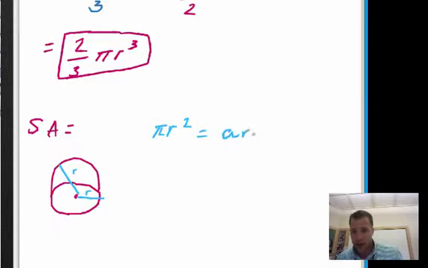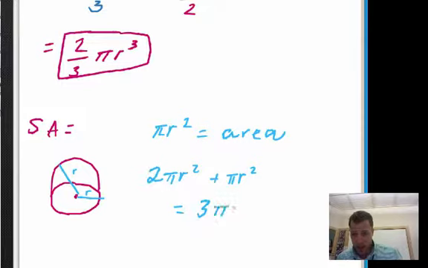But we need the surface area, so we need that plus 2 pi r squared. So you get 2 pi r squared plus pi r squared, which is 3 pi r squared. Now I just want to talk to you about one little thing. This area comes from the area of the circle right there. Now where did the 2 pi r squared come from?